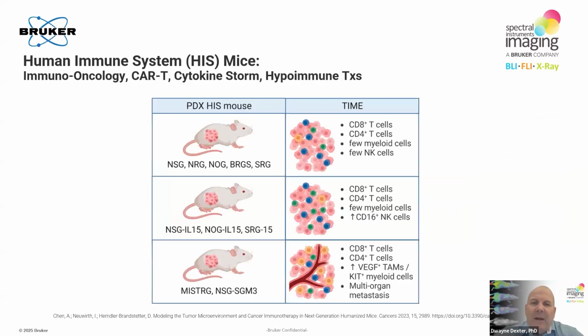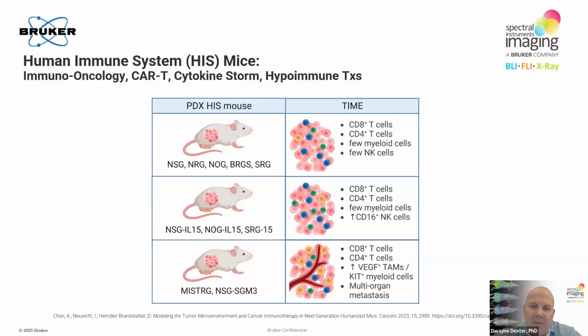More recently, humanized mice or human immune system mice have played a prominent role in the immuno-oncology space. There are different variants of these mice, but essentially these mice have mouse genes that have been knocked out to prevent the development and maturation of the mouse immune system.